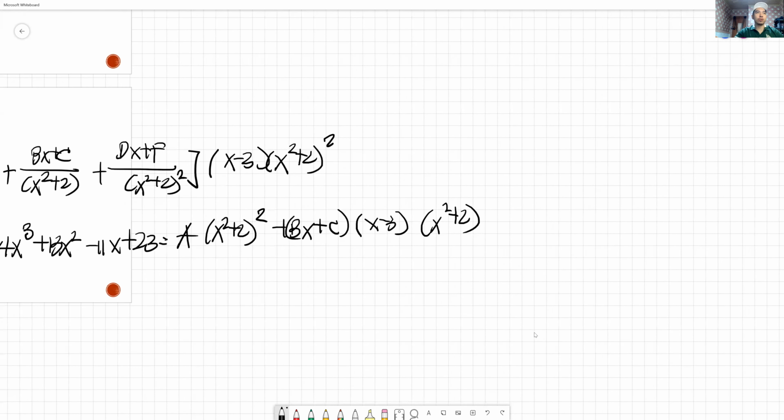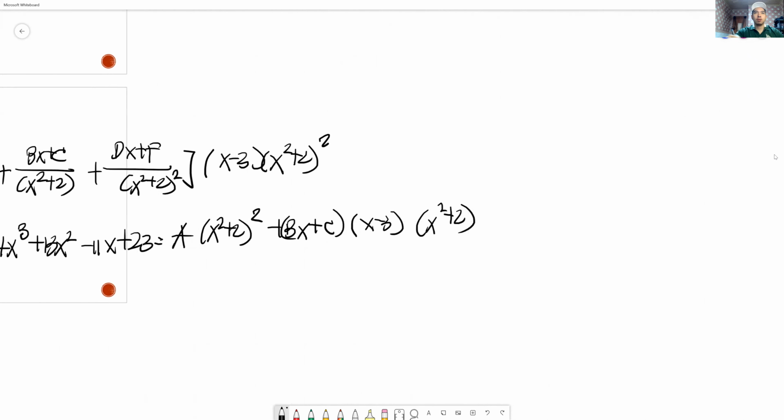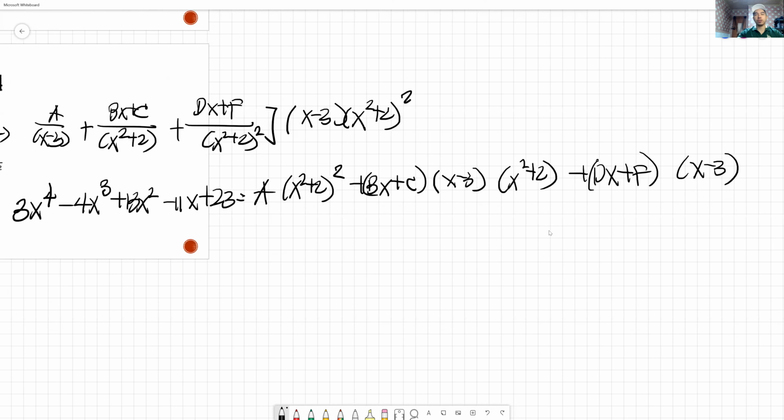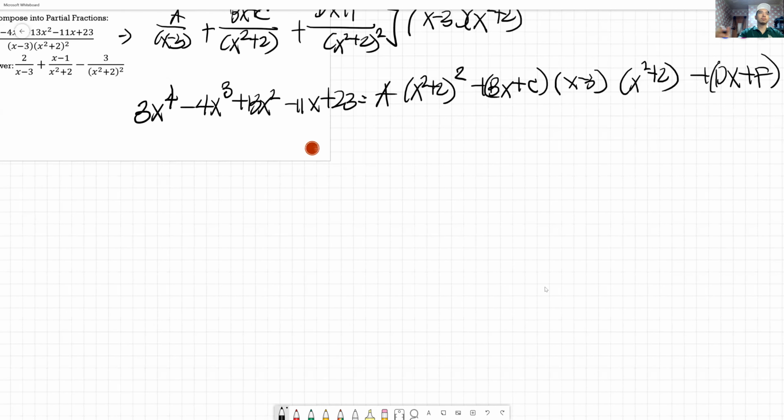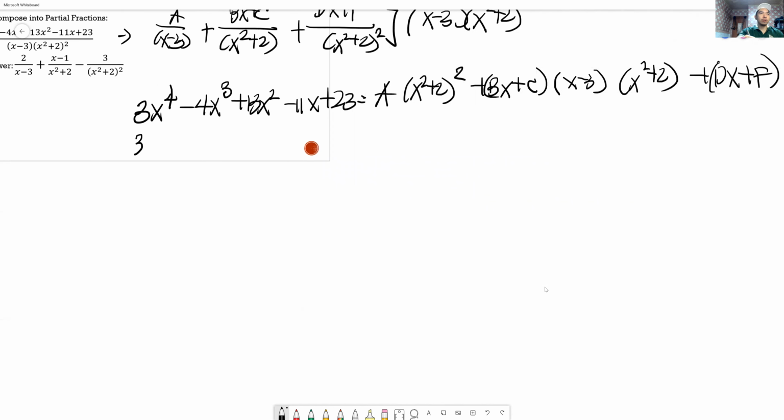And then for the last term, plus dx plus f, that will be multiplied by x minus 3 only. Okay. So we now have a single line equation for this one. So we have here 3x raised to 4 minus 4x cubed plus 13x squared minus 11x plus 23 is equal to a. Okay, so let's try to square this first.